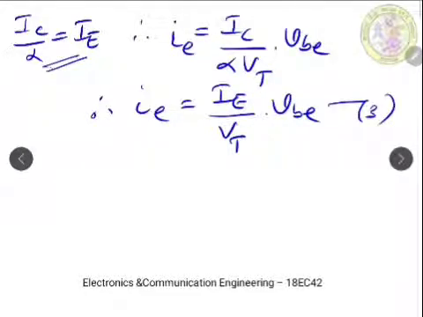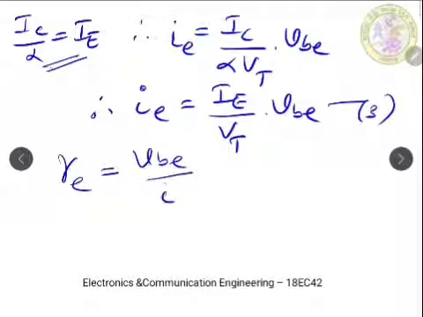Now, because we have already derived the emitter current, we will define the small signal resistance between base and emitter by looking into the emitter, and that is defined as re. So re is equal to vbe by ie. Once we have this definition, we make substitutions.